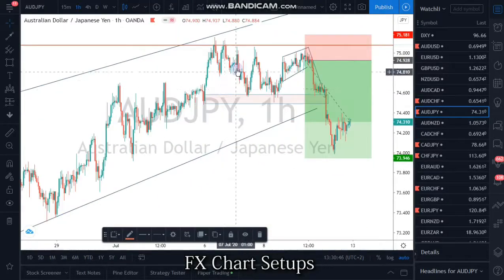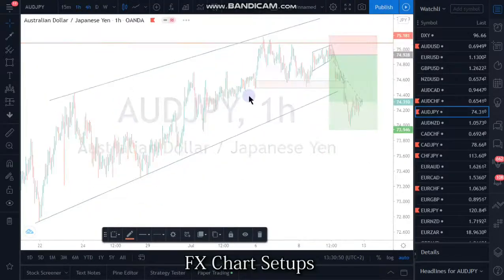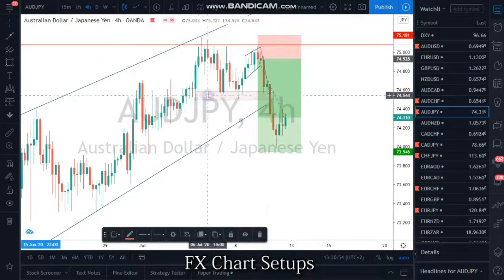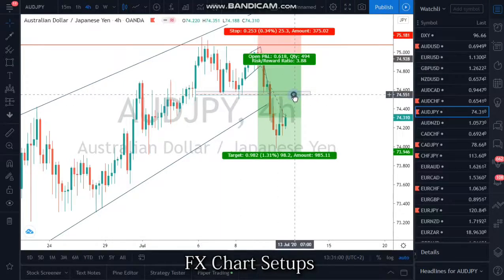We saw this ascending type pattern into our previous high. So going forward, what are we looking for on AUDJPY? Let's go back to the H4 chart, and we'll see that the market is actually retracing to our most recent support level, now going to turn to resistance.